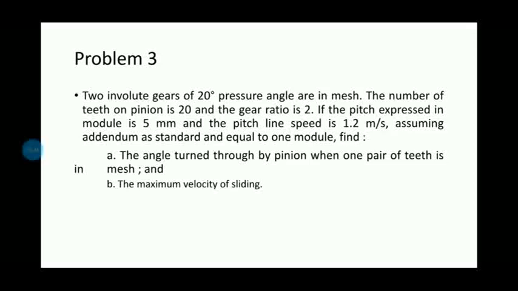This is the expression provided in the text. We know how this expression came. So this expression or the previous one you can use to find angle turned by pinion. That also you note down. Write a heading angle turned by pinion, then write this expression and put both in boxes.